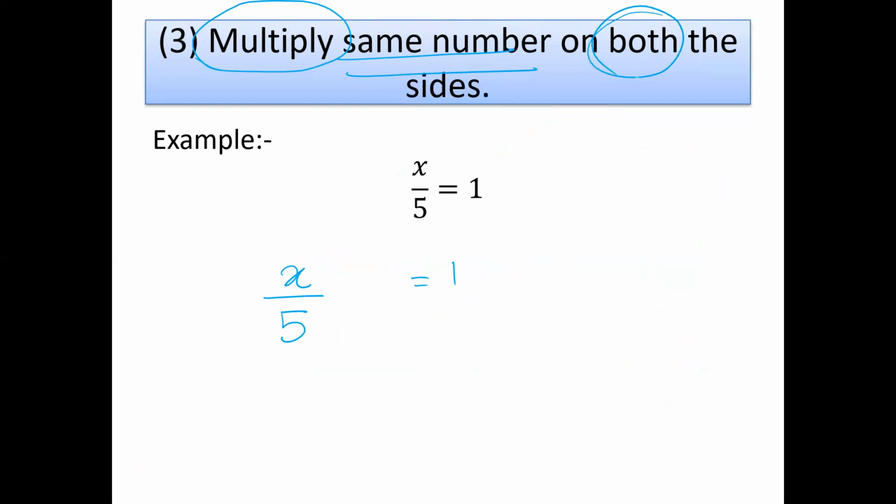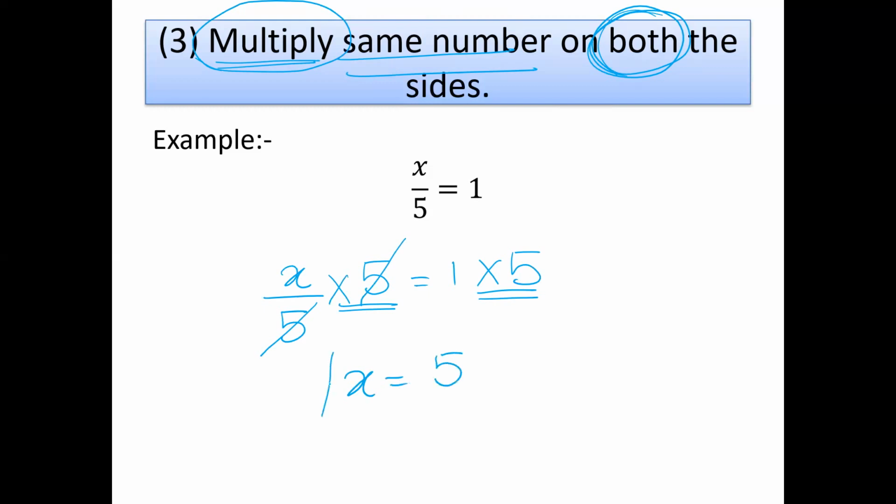So x divided by 5, we know that divided by 5 will be cancelled only if we multiply it by 5. But for multiplying it, we have to multiply it on both sides. So multiply by 5, multiply by 5. So divide by 5 and multiply by 5 gets cancelled, and x we get as 5.